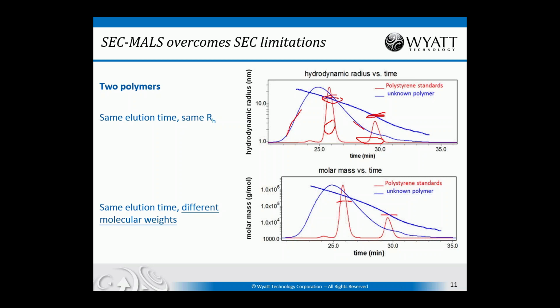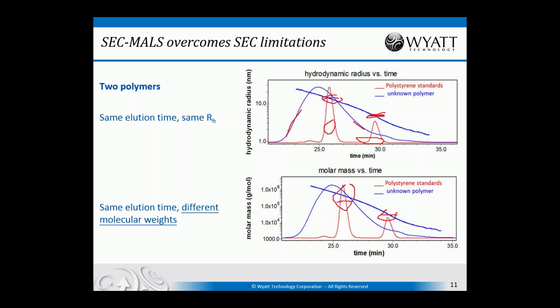However, if you look at the molecular weight of these standards as determined by light scattering, we see that they are in fact different. And so the molecular weight of the polymer and the polystyrene standard for this one are about the same, but for this one are quite different.